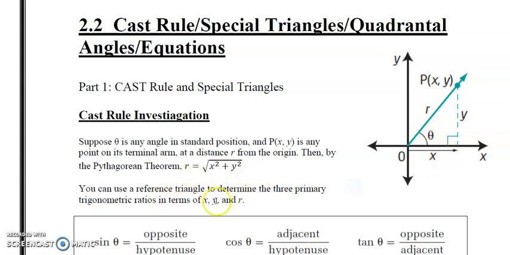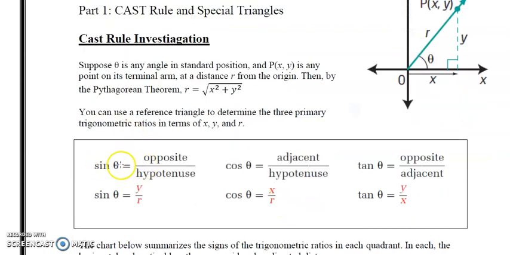What we can do is use these x, y, and r and the reference angle to determine three primary trig ratios, which is pretty neat. So sine theta is equal to opposite over hypotenuse, so opposite of theta would be y, hypotenuse would be r.